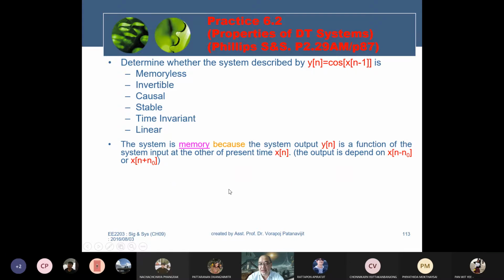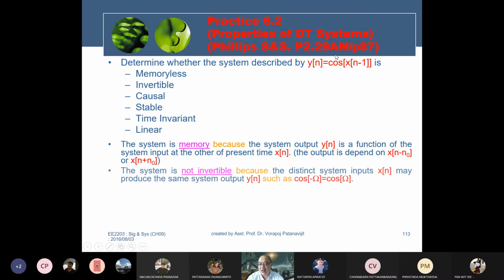The second one is invertible or not. If the function is already in sine, cos, or tan or something like that, you know that it is non-invertible, because many inputs will produce the same output. For example, cos(-ω) equals cos(ω).